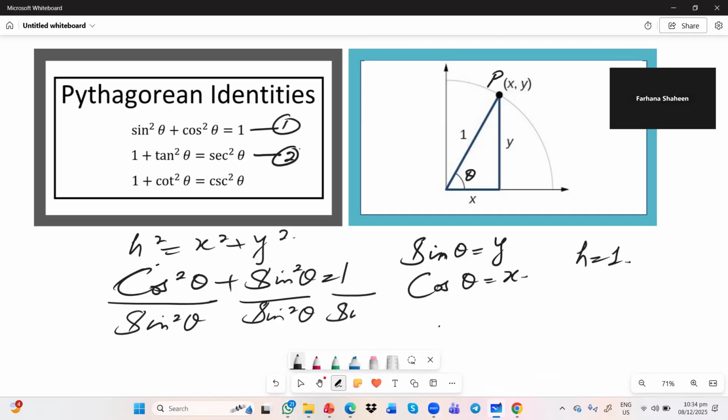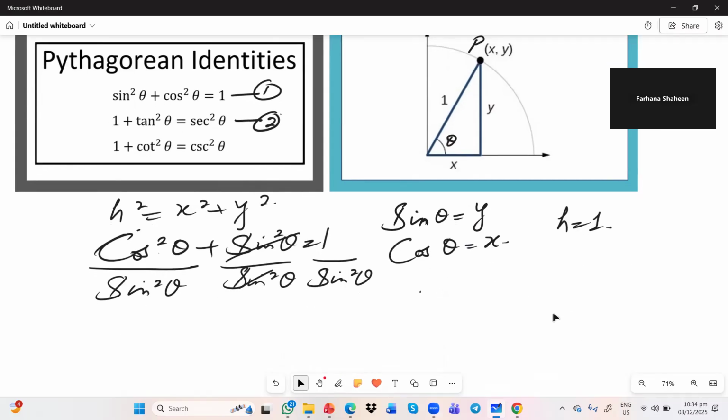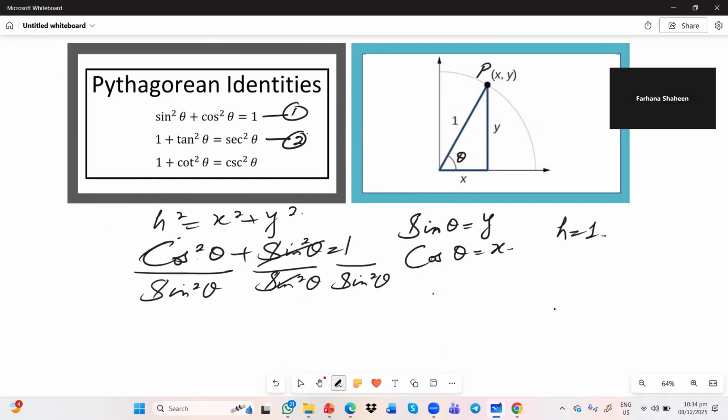Now using the reciprocal identity and the quotient identity, we'll get cos square over sine square is cot square theta. So we'll have cot square theta plus 1 is equal to, we know 1 over sine is cosecant, so it will be cosec square theta. And that's how we get the third identity.